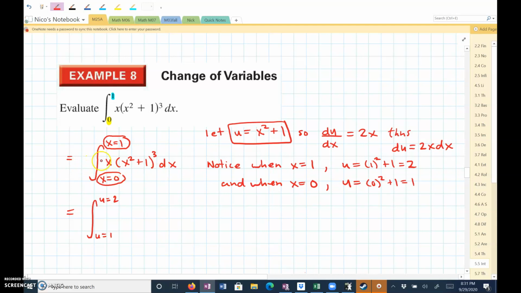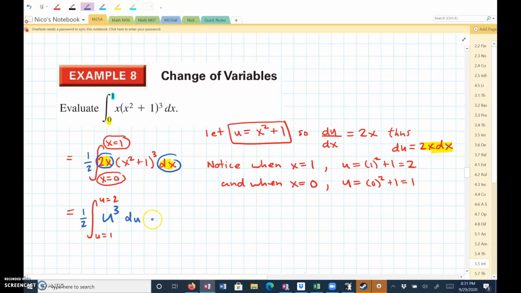Let's put a 2 here. So I have 2x dx, and then multiply this by 1/2. So this will be 1/2 here. This and this becomes my du, and the x squared plus 1, that's u cubed.